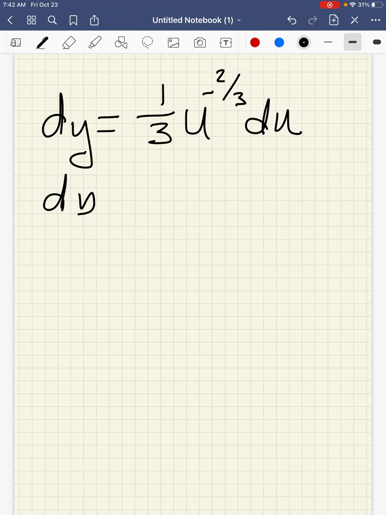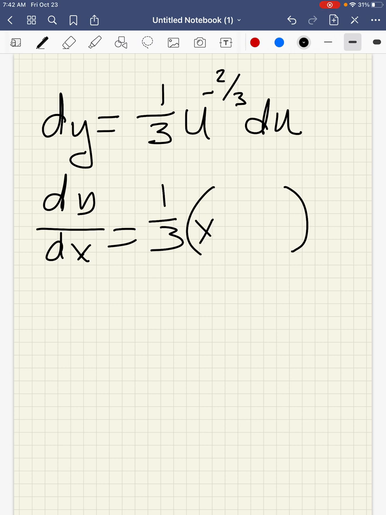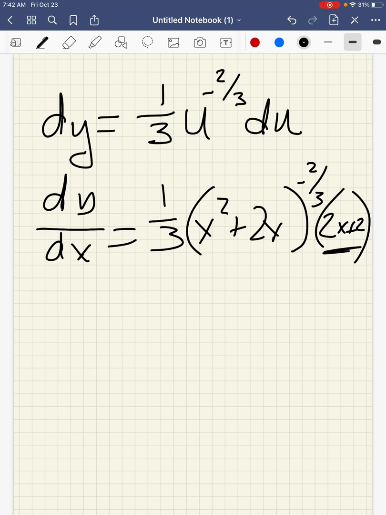So dy dx will be equal to 1/3 times (x squared plus 2x) to the negative 2/3 times the 2x plus 2, which we can factor the 2 out of here and multiply it here.